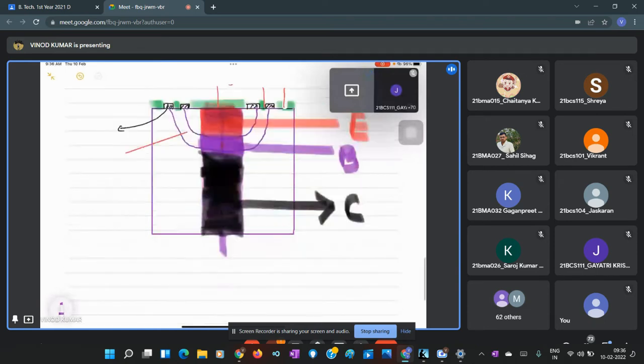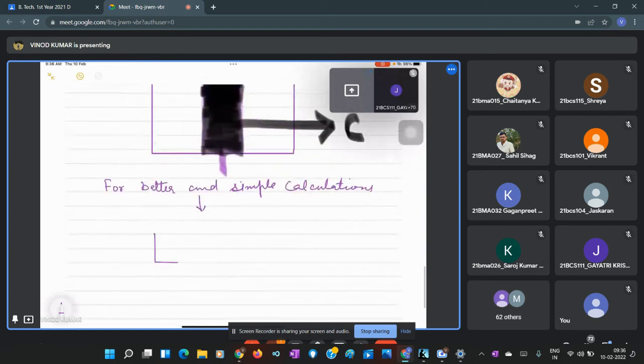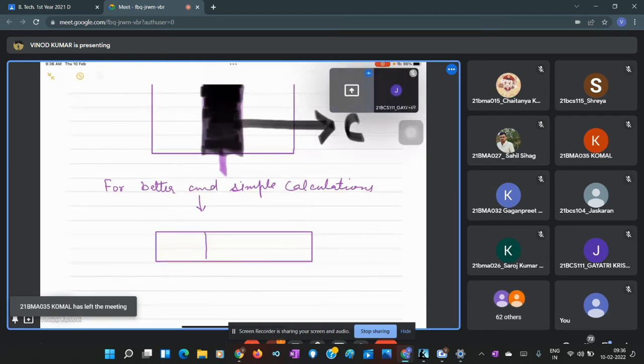So this is vision of this model basically, right? And the question arises why we are doing this, because for better and simpler calculations, we are going to modify this into this, इस तरह से होगा.